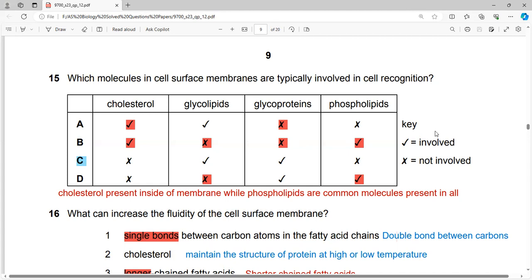It's also performing its role in cell recognition, while phospholipids are not performing their role. Why? Because they are common in all cells. All cells contain the same chemical property of phospholipids, so that's not a differentiating character.